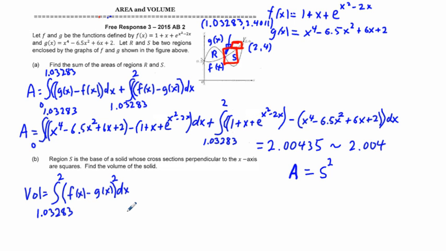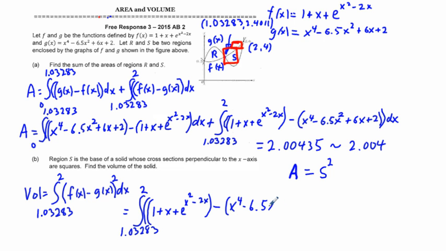We have the integral from 1.03283 to 2, and we're going to have f of x, which is 1 plus x plus e to the x squared minus 2x, minus g of x, which is x to the fourth power minus 6.5 x squared plus 6x plus 2, and we square all of that dx. And that's going to be what it is.